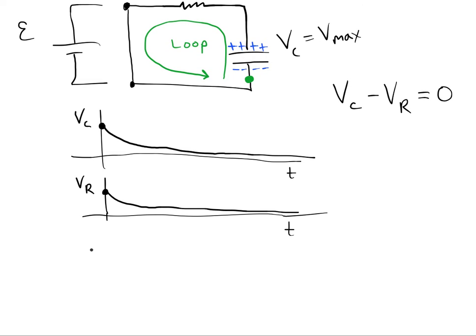What happens to quantities such as the current in the circuit with time and the charge on the capacitor with time?